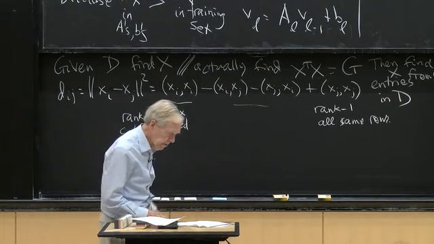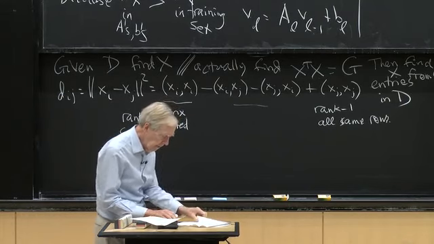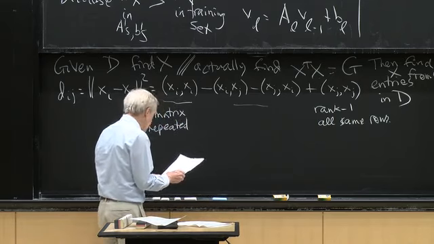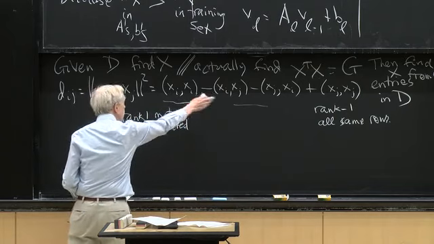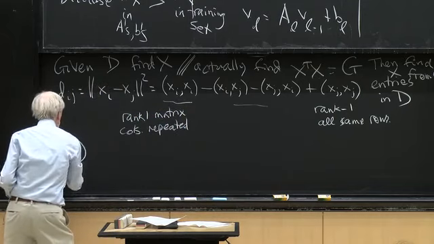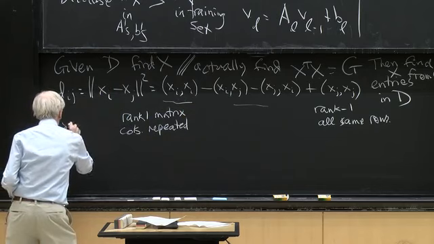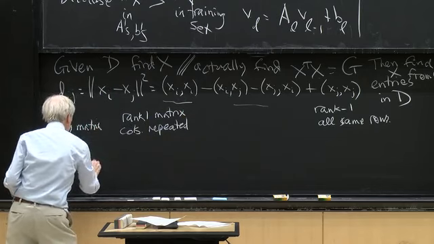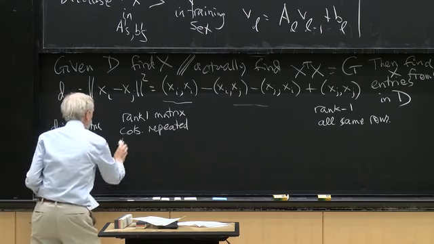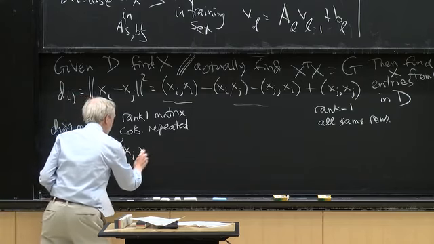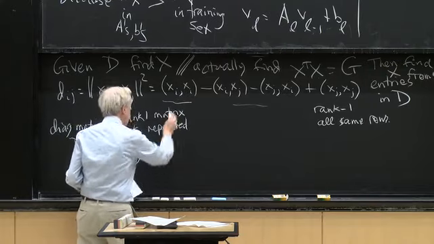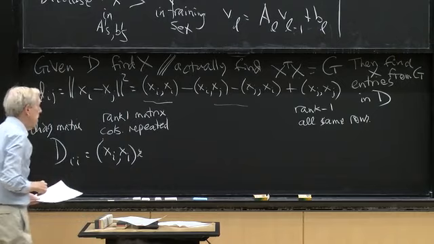So what do those tell me? Let me write down what I have here. So let's say a diagonal matrix with dii as the inner product xi with xi, that we're getting partial information from here.